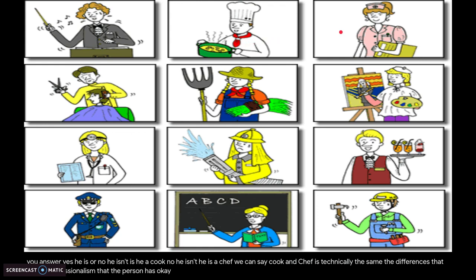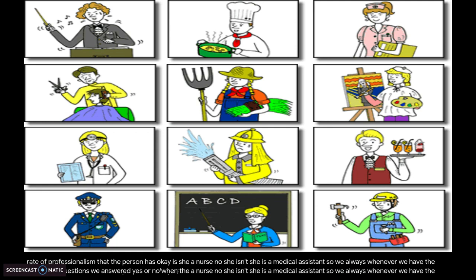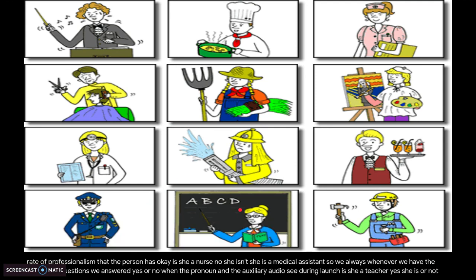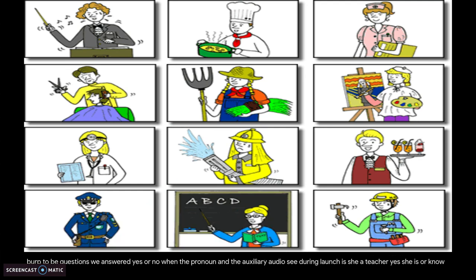Okay? Is she a nurse? No, she isn't. She is a medical assistant. So whenever we have verb to be questions, we answer yes or no with the pronoun and the auxiliary or the auxiliary plus not. Is she a teacher? Yes, she is. Or no, she isn't.